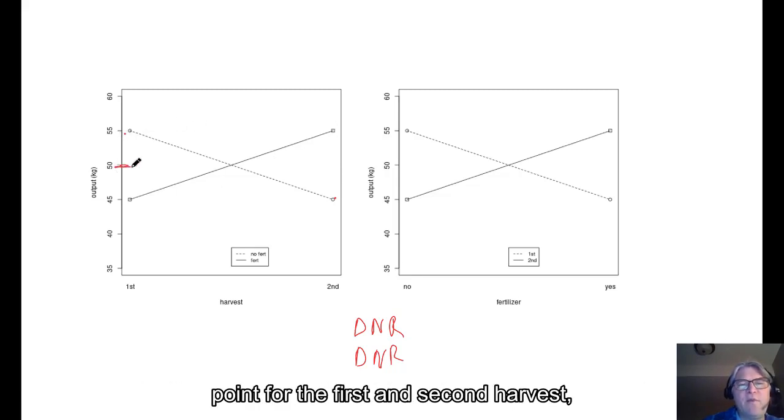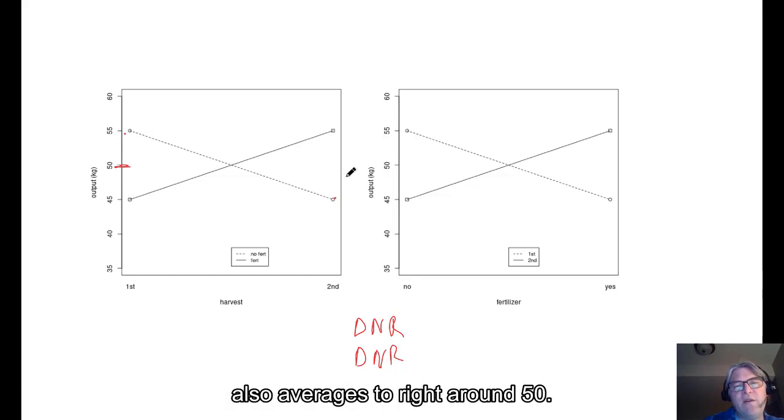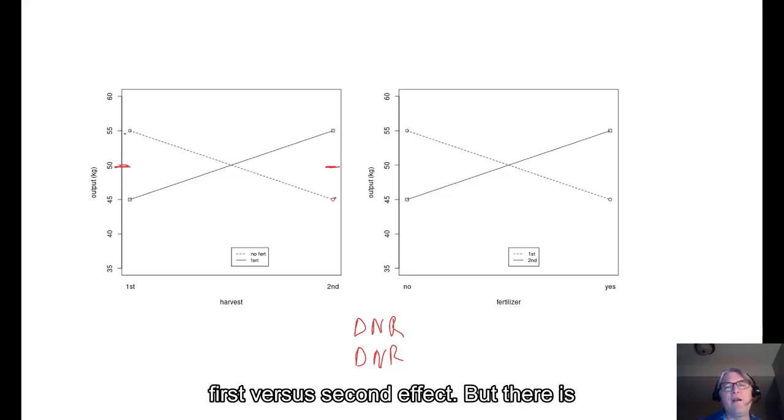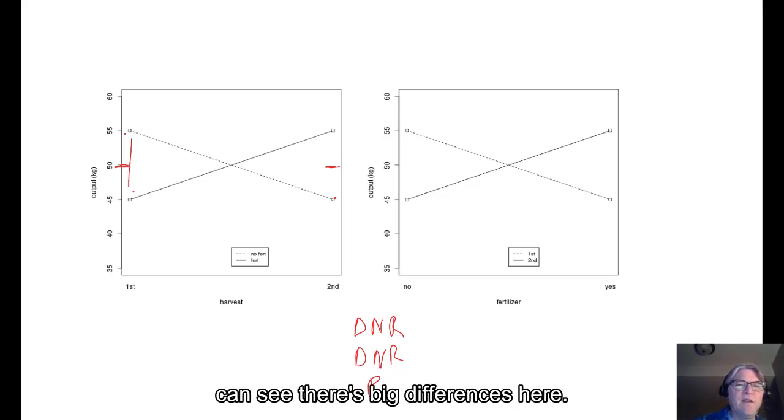And also the average point for the first and second harvest also averages to right around 50. And so there's no net effect of first versus second harvest, but there is an effect of interaction because we can see there's big differences here.